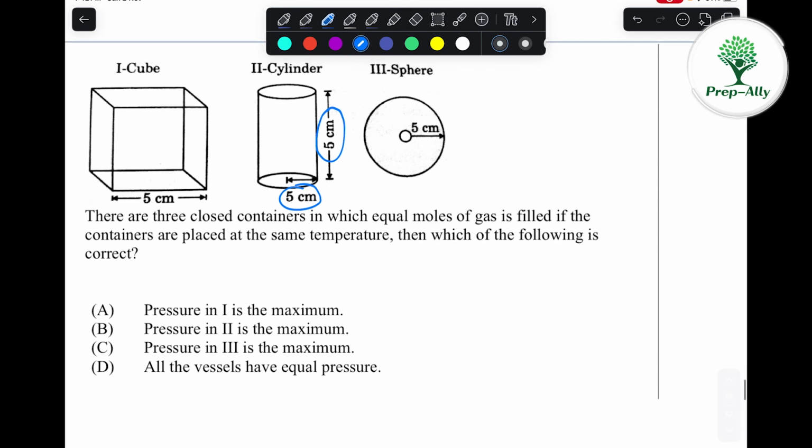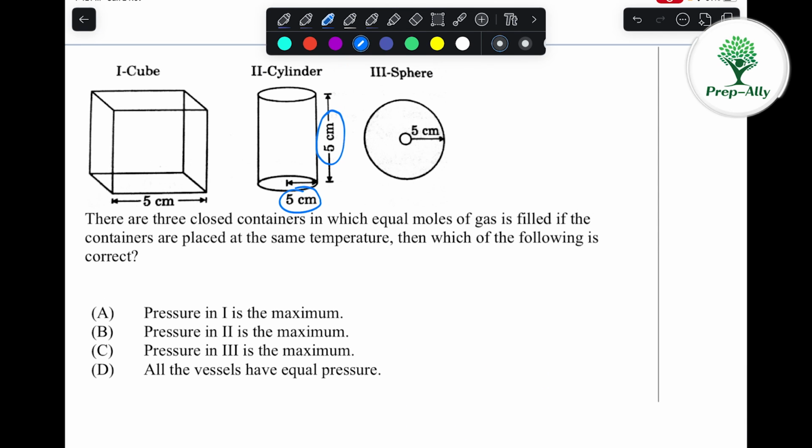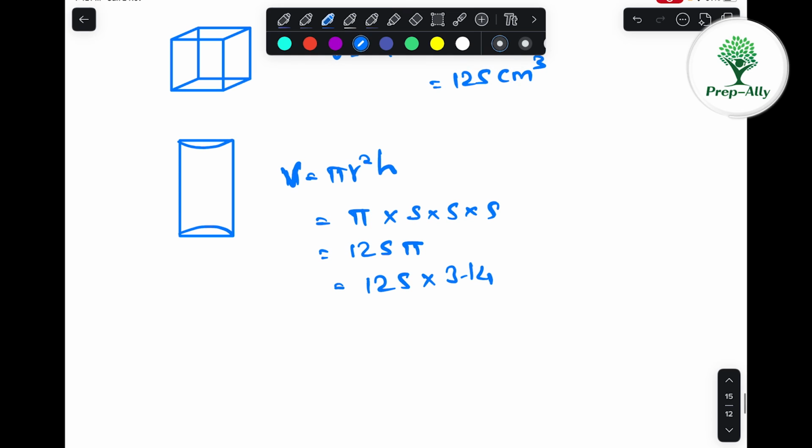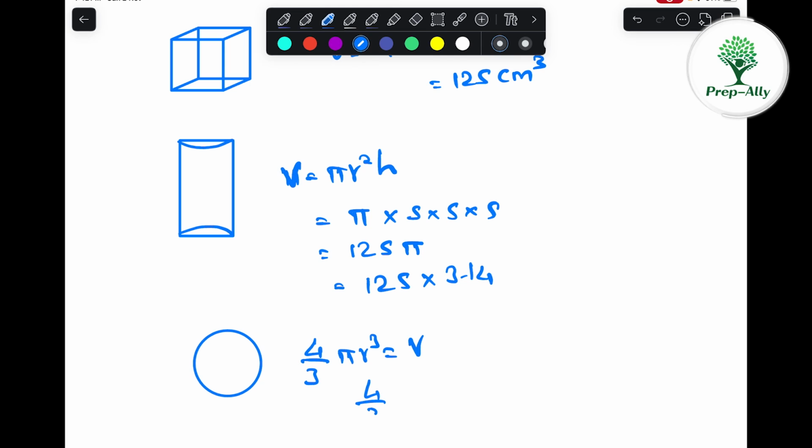And then you have a sphere. It is not a circle, it is a sphere. What is the volume of a sphere? It is 4 by 3 pi r cube. So you will get 4 by 3, which is going to be 1 point something. Or you can just put pi into r cube, again 5 cube.